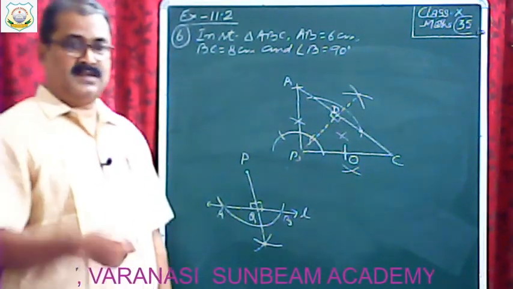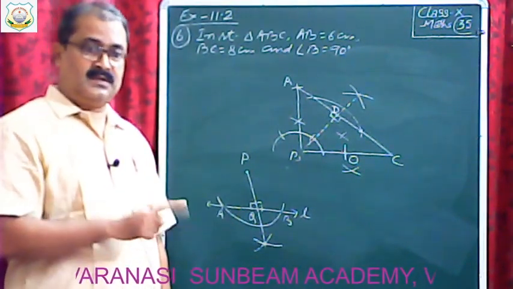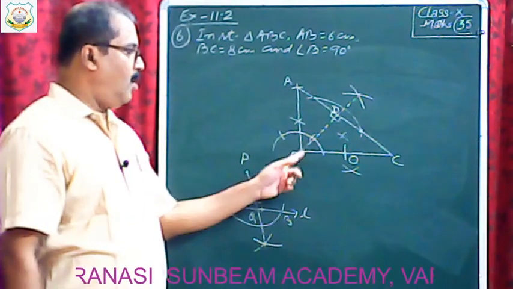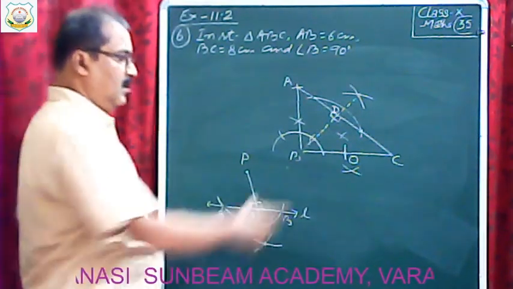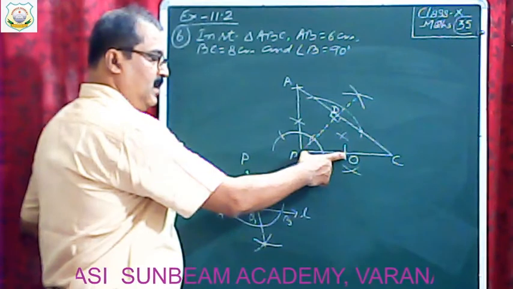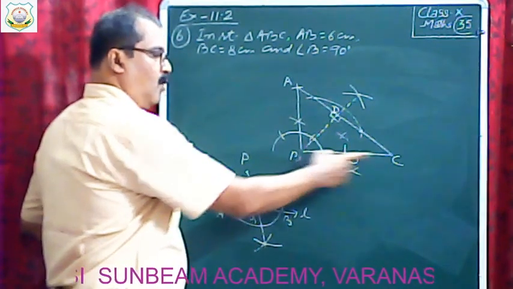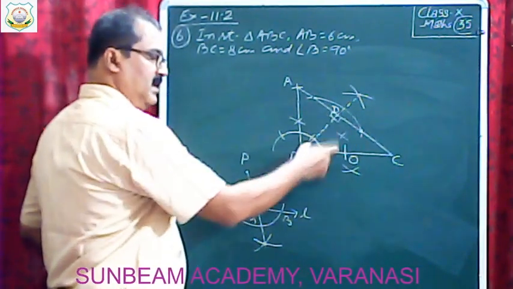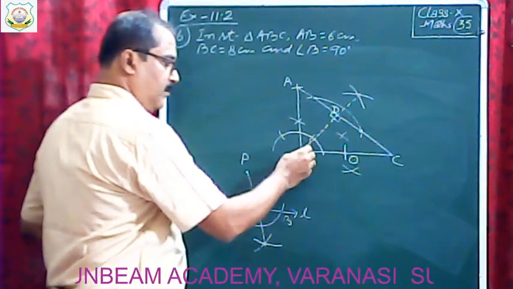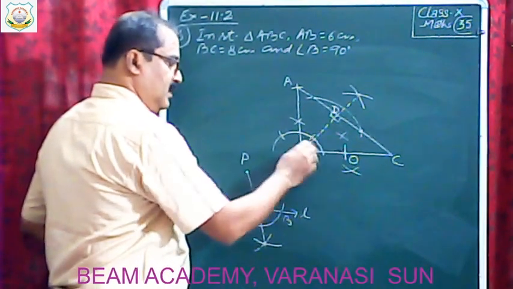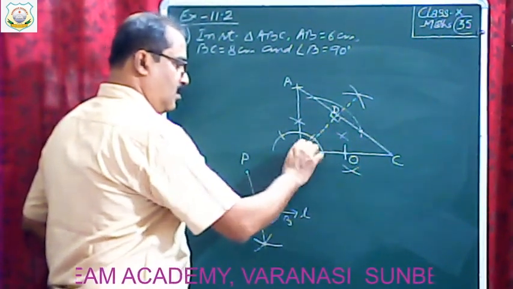We have to draw a circle, and the circle must pass through all three vertices. On O as center, take OB radius or OC radius or OD radius, any one. So O center, OB radius, draw a circle.